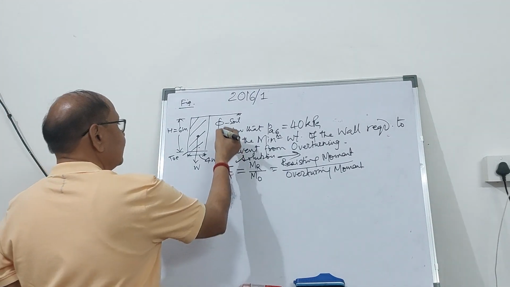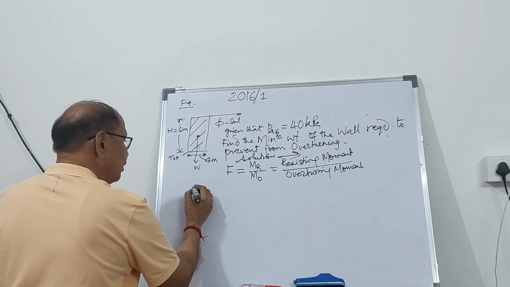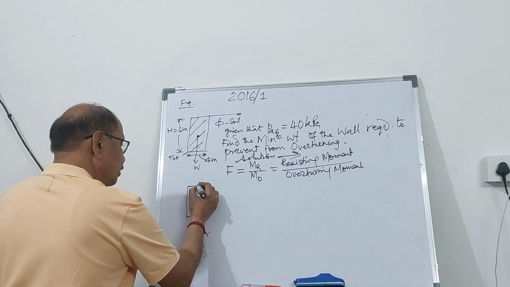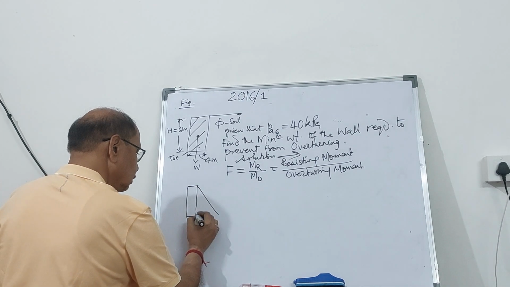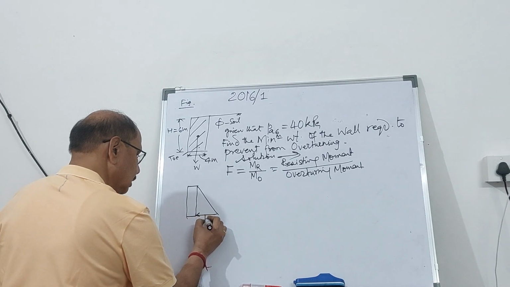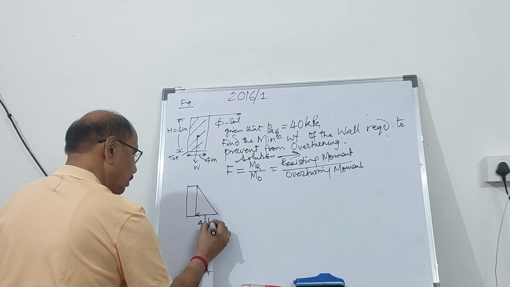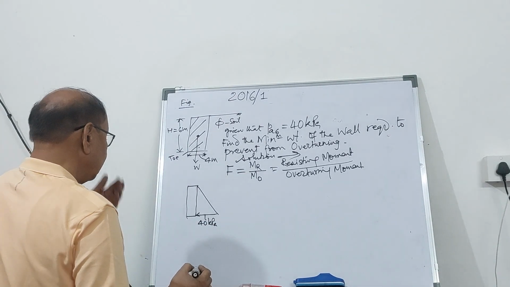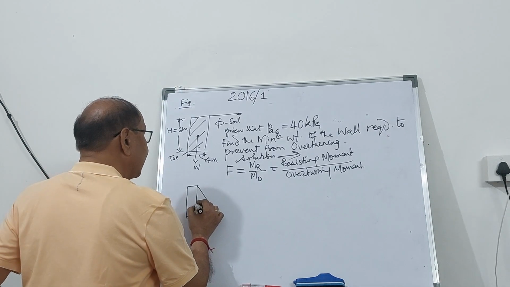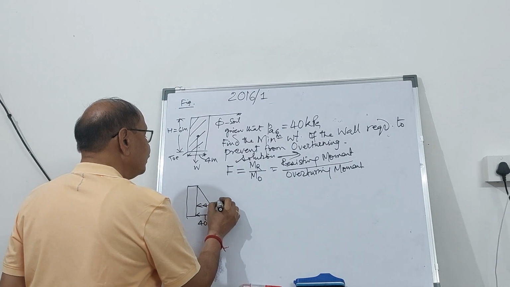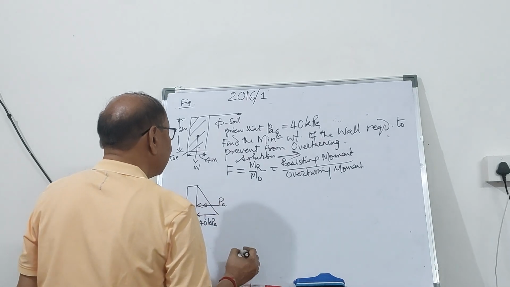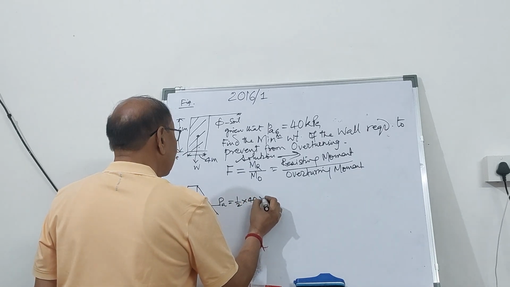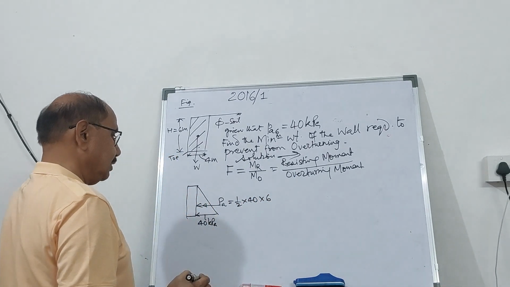So here, because it is a phi soil, what will be the pressure distribution for this wall? For this wall, the pressure distribution is going to be triangular. And this pressure is given to me as 40 kilopascal at 6 meter. Therefore, I can calculate the area of this pressure distribution diagram, PA, which will be half into base, that is 40, multiplied by height.